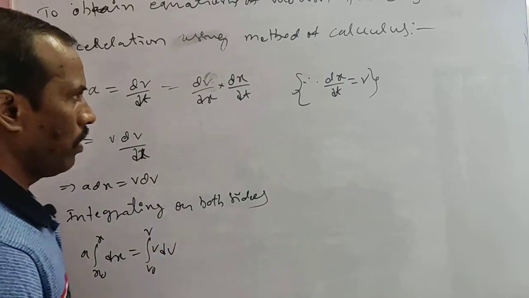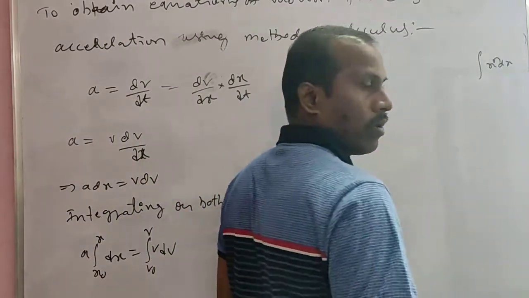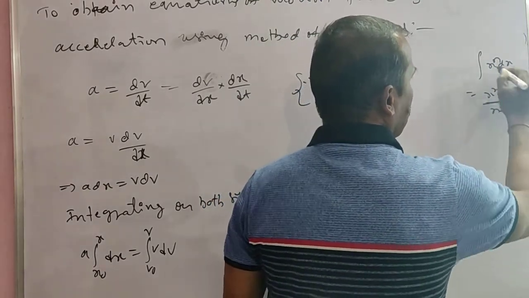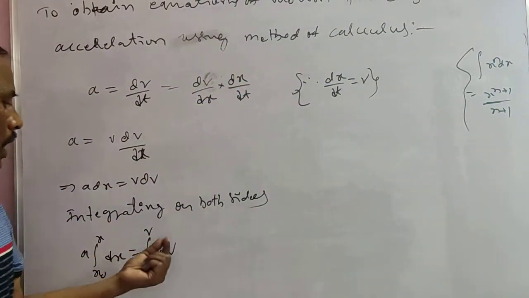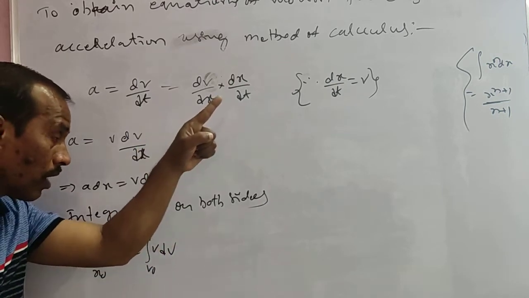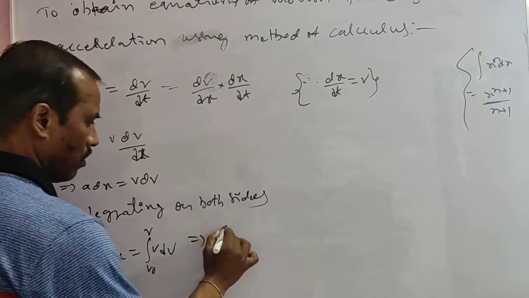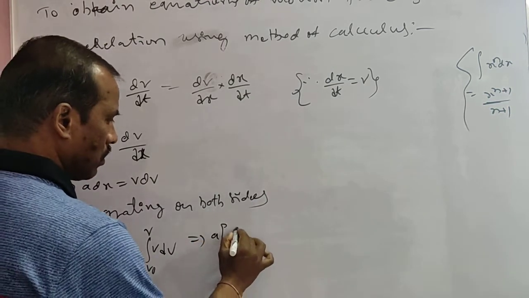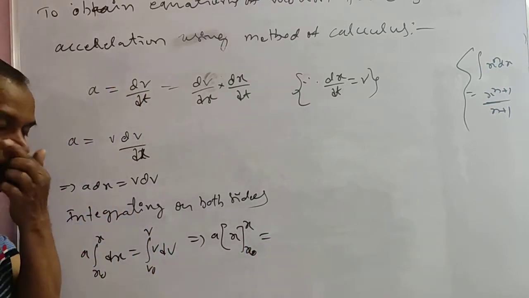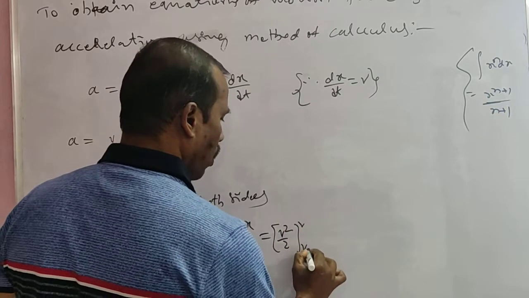For v dv we use the formula: integral of x to the n dx is x to the n plus 1 by n plus 1. Here n is equal to 1, x is v. That means integrating, x from x naught is equal to v squared by 2, upper limit v and lower limit v naught.